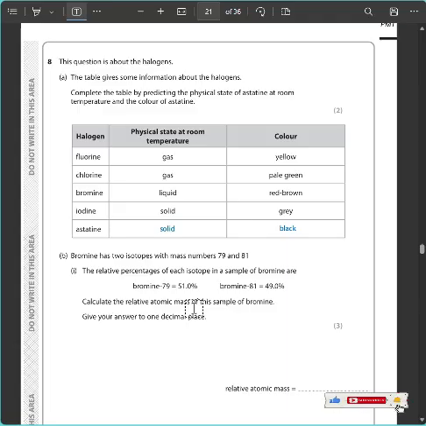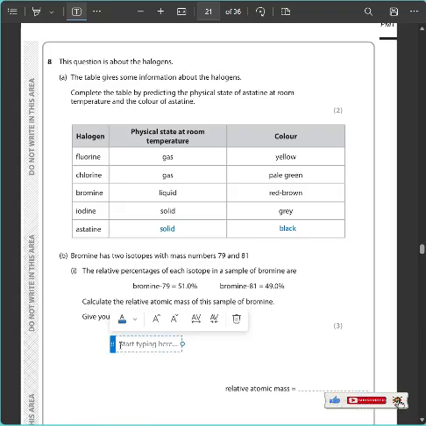B1. Bromine has two isotopes with mass numbers 79 and 81. The relative percentages of each isotope in a sample of bromine are: bromine 79 is 51%, bromine 81 is 49%. Calculate the relative atomic mass of this sample of bromine. Give your answer to one decimal place.